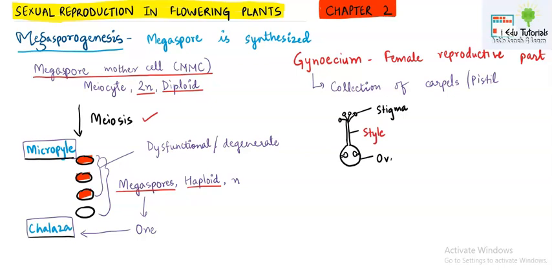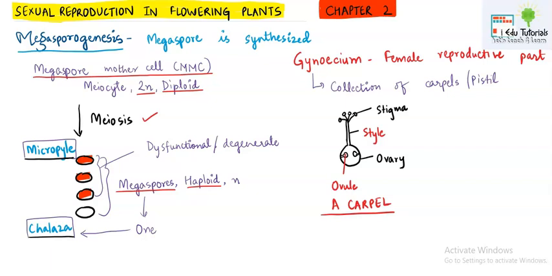The bottommost part is known as the ovary, and inside the ovary you can see ovules are there. So this is the structure of one carpel. In one carpel, stigma will be there at top, then a filamentous style, a basal swollen structure, the ovary, and inside the ovary the ovule will be there.